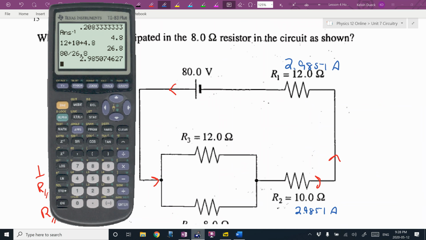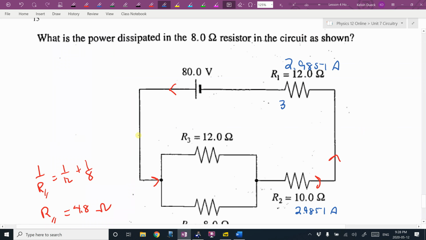At the top there, I can tell you that the voltage is 12 times that, which is 35.821 volts. And the voltage here is I times R. I can multiply by 10 in my head. I'll call it V1 for R1 and V2 for R2.